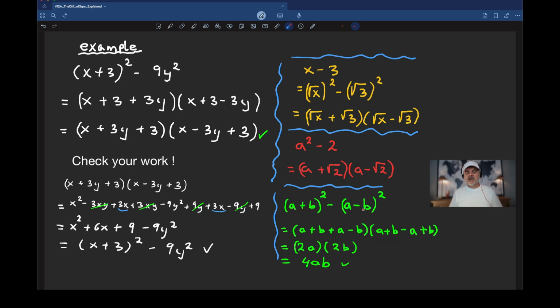minus a minus b in brackets, but you have to subtract a minus b thinking of this as a solid unit. So when you distribute the negative sign, you get negative a, and negative minus b becomes positive b.